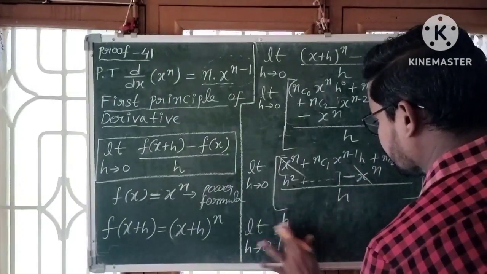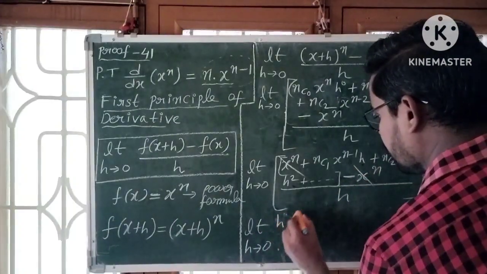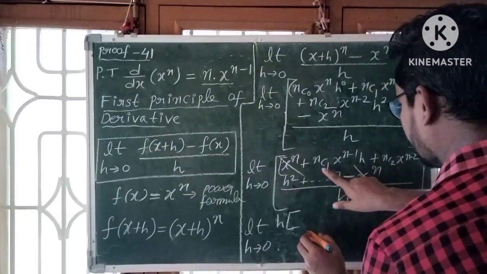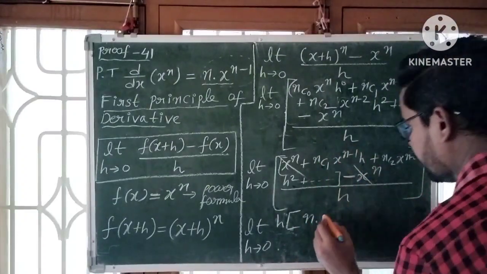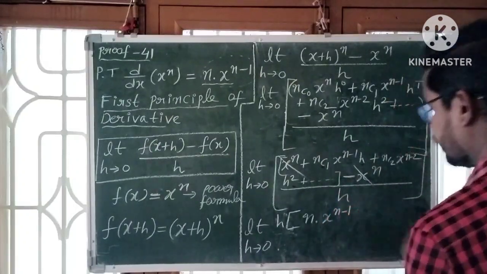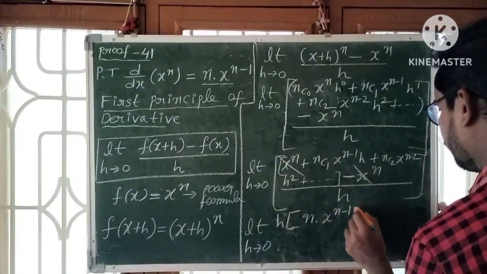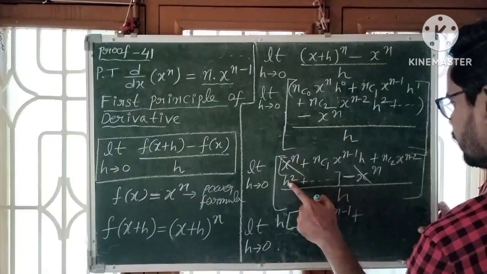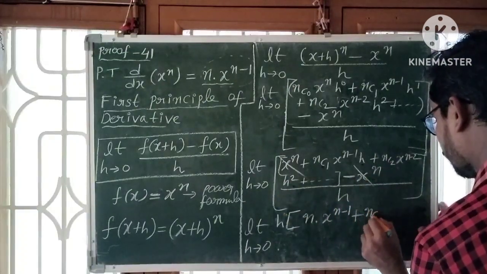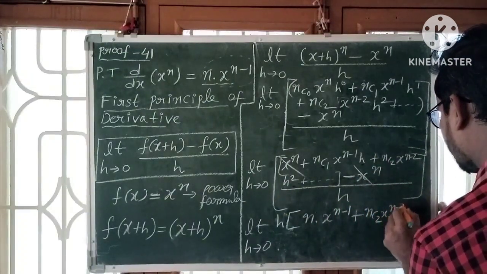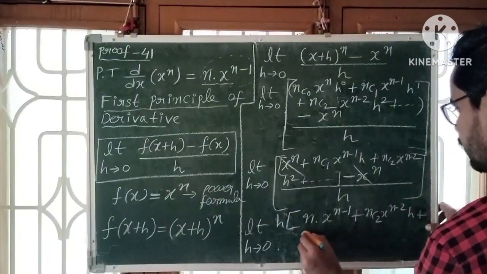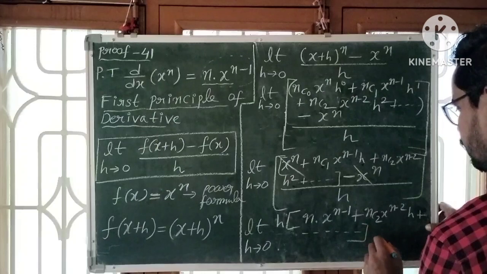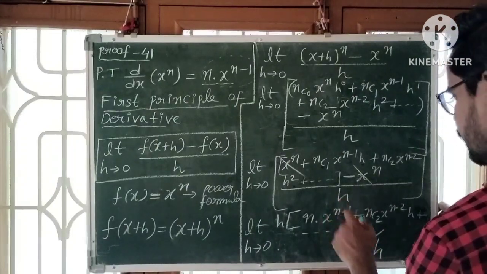If you take out h from all the terms, nC1 value is n, so n into x power n minus 1, h already common, plus nC2 x power n minus 2, one h common means you will have one more h, plus so on, divided by h.